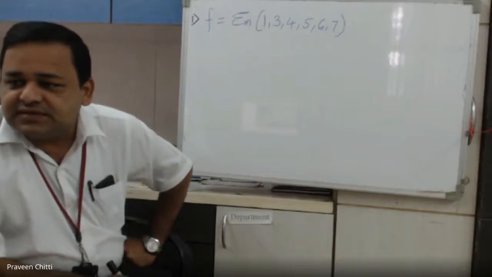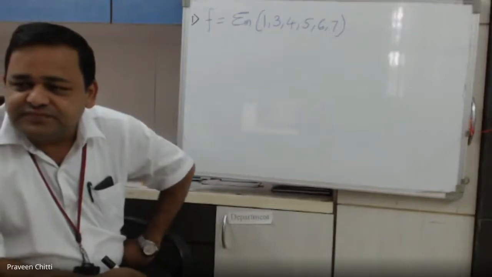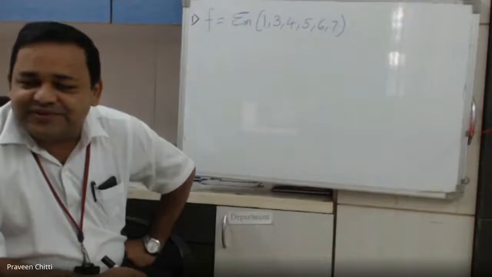Sir, every variable has two inputs. Yes, Adnan, can you tell me? No, sir, it can be three variables or four variables. If it is given as f of a, b, c, then we can say that. But I have not given it.